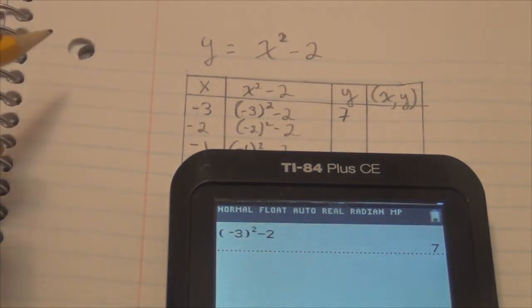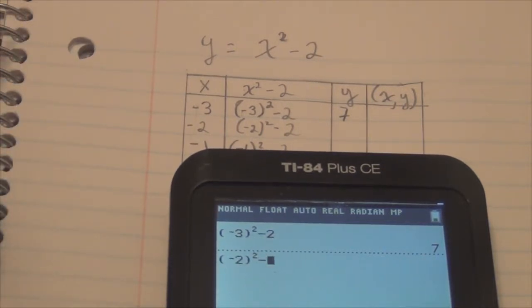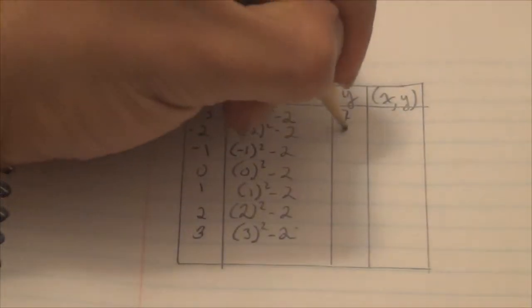Then on the calculator again, I could put -2 squared minus 2, and I get 2. And it makes sense.